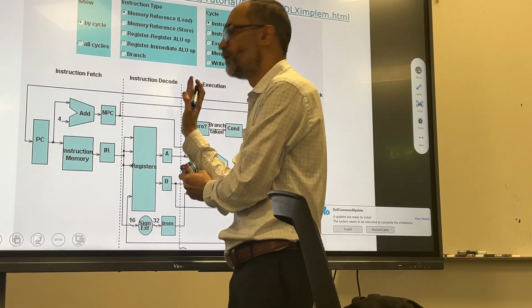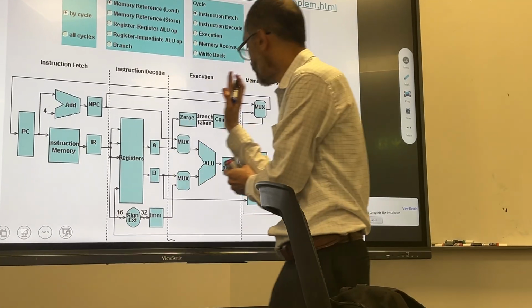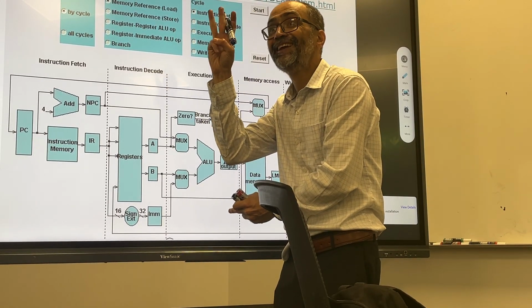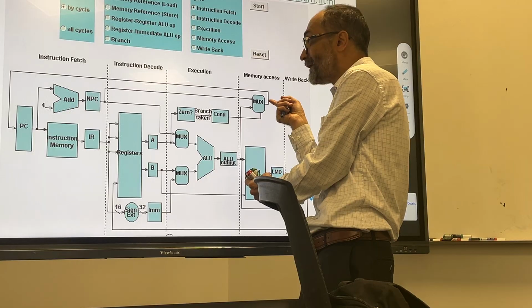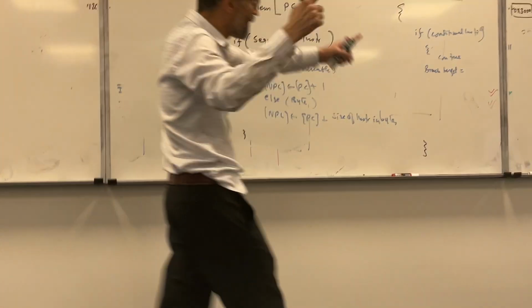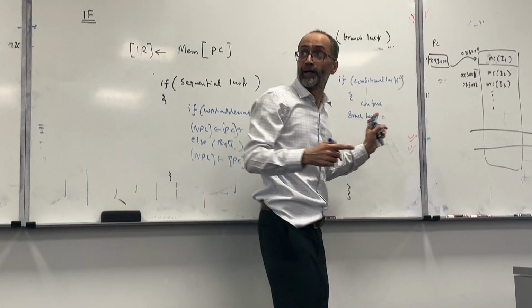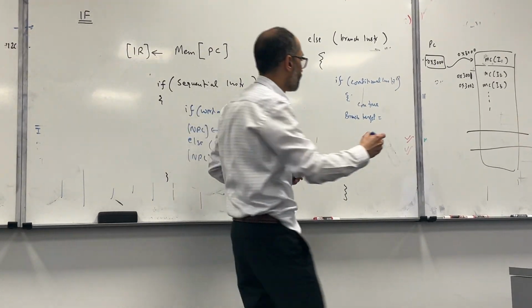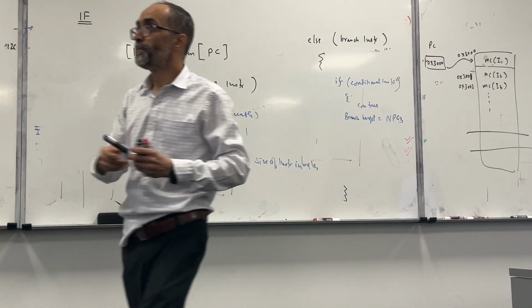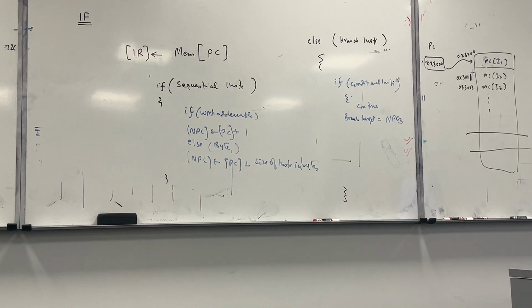NPC1 here, NPC2 here. NPC3. We also need it, and it goes back to the PC. So if the branch target is what? It is actually NPC3.